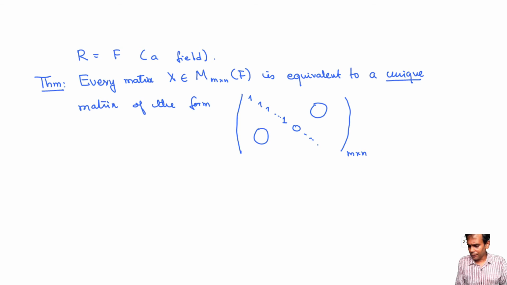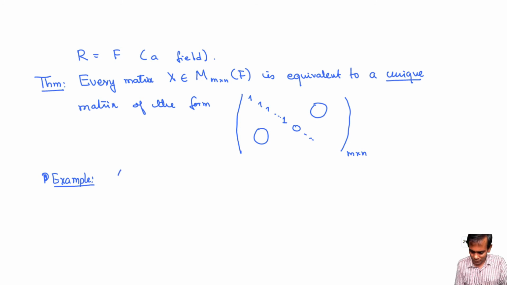And the proof is not very difficult. Let me first illustrate it with an example. Remember the description of GL_n, GL_m and GL_n of R. Well, that works also for a field.